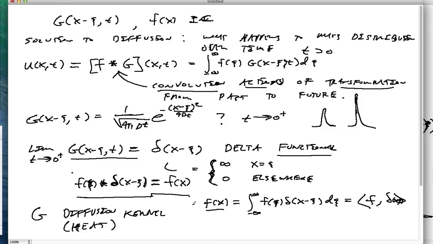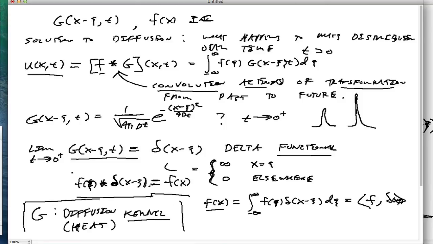Again, this represents the idea of a kernel as being like the seed, the seed by which everything grows out of. So the kernel, if you plant the seed f, generates what happens in the future. It makes the initial condition grow and evolve and change as time goes forward.